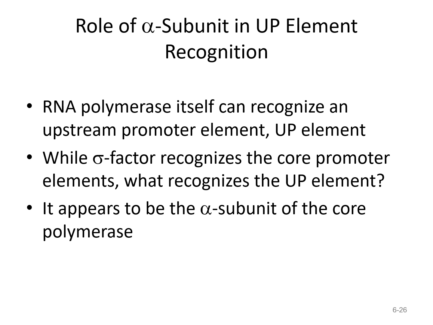And the role of the alpha subunit, as I mentioned earlier, the UP element, that would be the very strong promoter. So basically the UP element can be recognized by the alpha subunit, okay? Because sigma factor recognizes the core promoter, and then the alpha subunit can help to recognize the UP element.